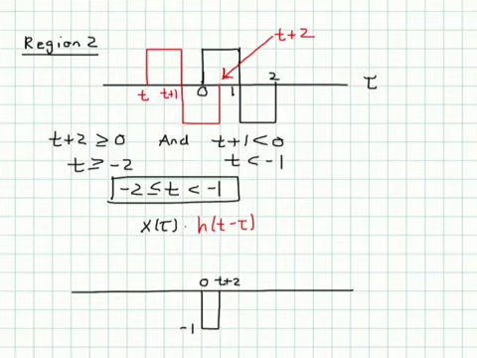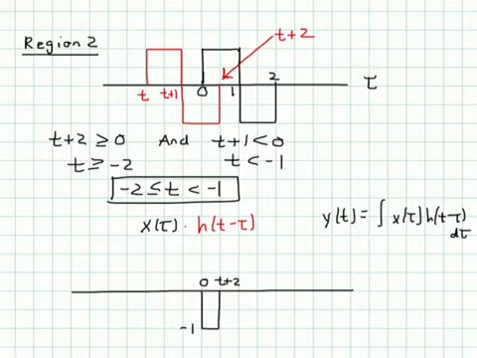And remember, y of t is just the integral of x of tau, h of t minus tau, d tau. Well, the integral is just the area. We're integrating from minus infinity to plus infinity, but the only non-zero piece is from 0 to t plus 2.